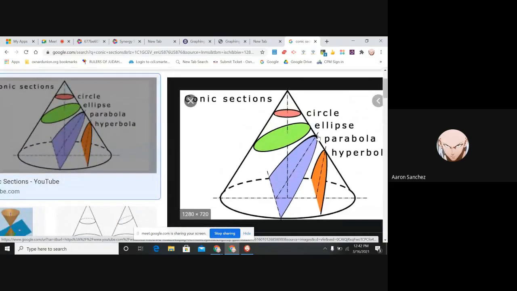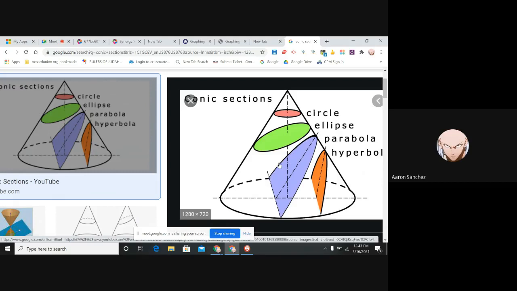Oh, that works. If I cut the cone straight across, this conic section is called a circle. If you cut it slanted like that, like a diagonal, the conic section is an ellipse, which is kind of like an oval thing. If I cut it here and I get the base, we already know this conic section.